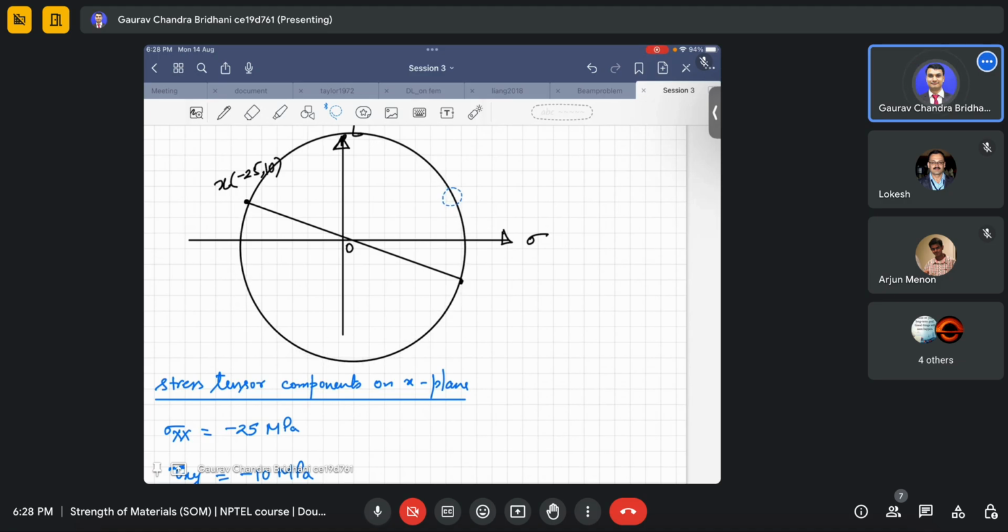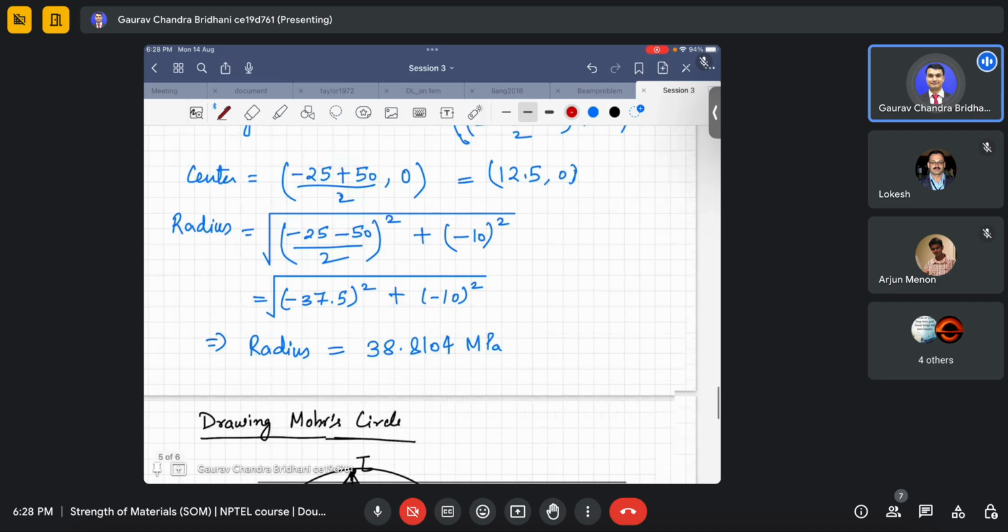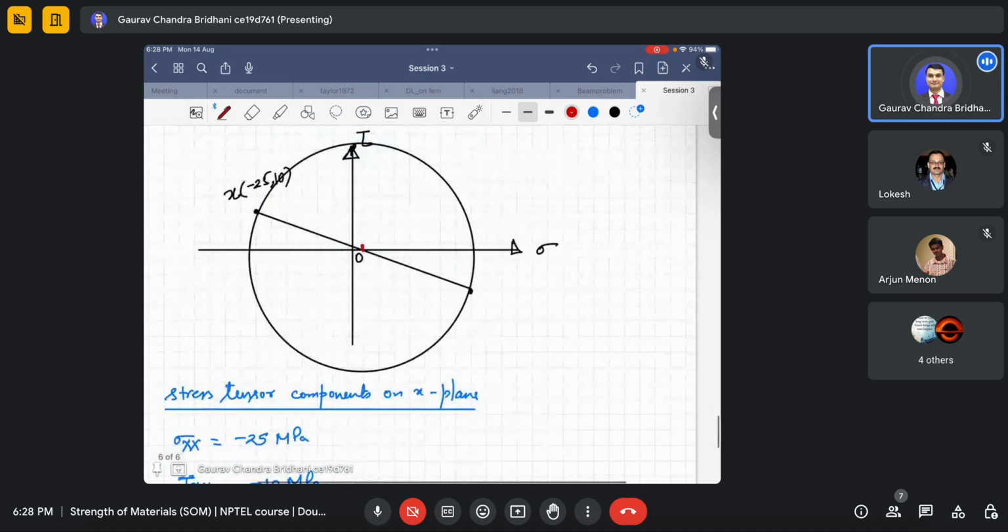Considering that as a diameter, the point where it intersects becomes the center, and we already know what the center is. We have found the center will be 12.5, 0. It is actually lying there, so I have to just move this a little bit here. So this is 12.5, 0, and we have drawn the Mohr circle.